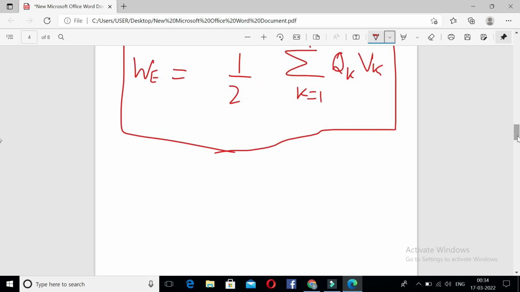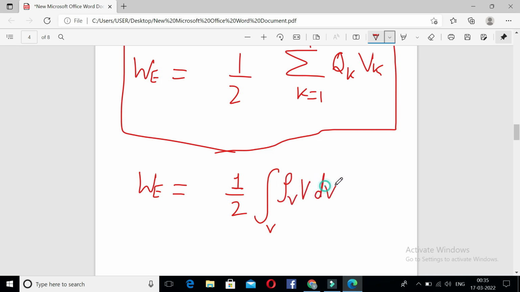Now if instead of point charges the region has a continuous charge distribution, then the summation becomes integration. So W is equal to 1 by 2 integral of rho V into V into dV, and this is the case for volume charge.